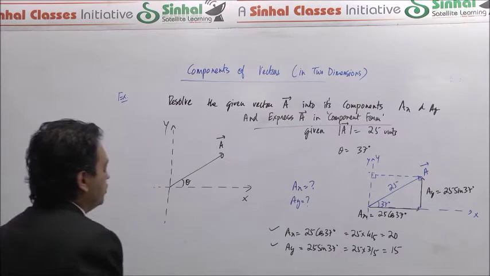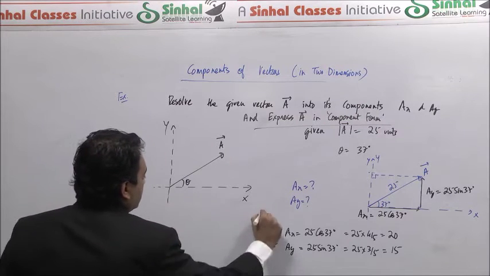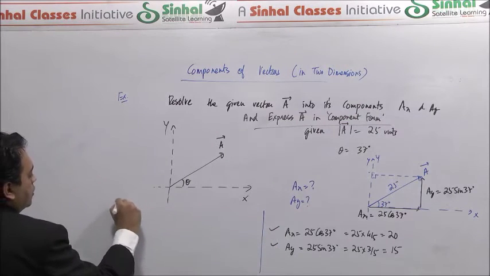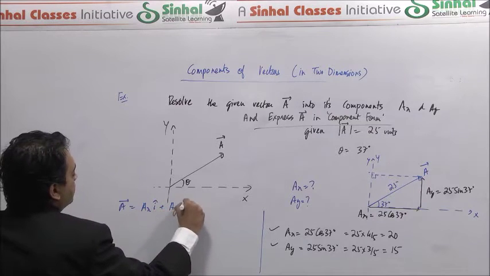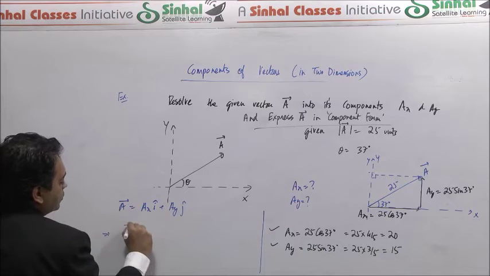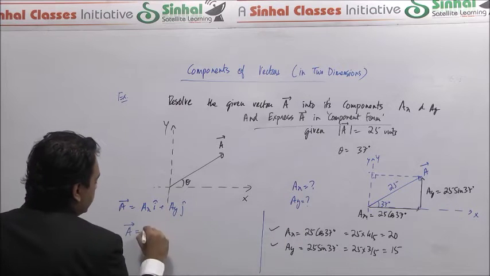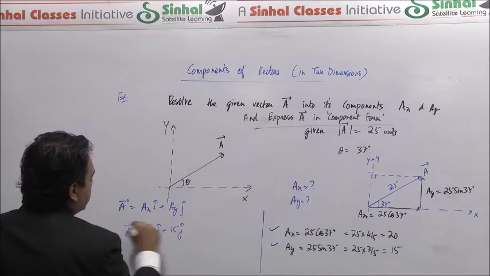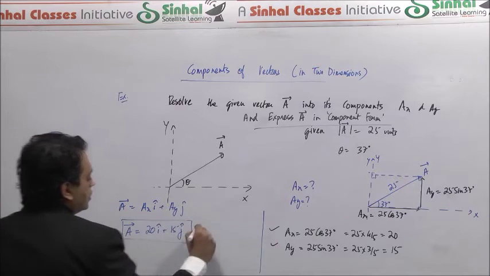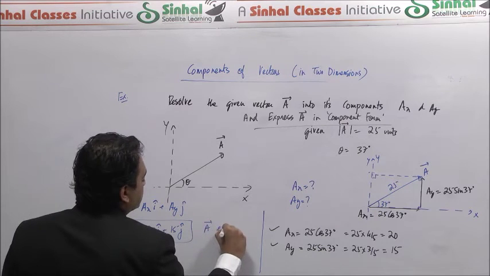So in component form, we would express the vector A as Ax i cap plus Ay j cap. So the component representation of the vector A would now be according to that 20 i cap plus 15 j cap. So this is the vector A expressed in component form.